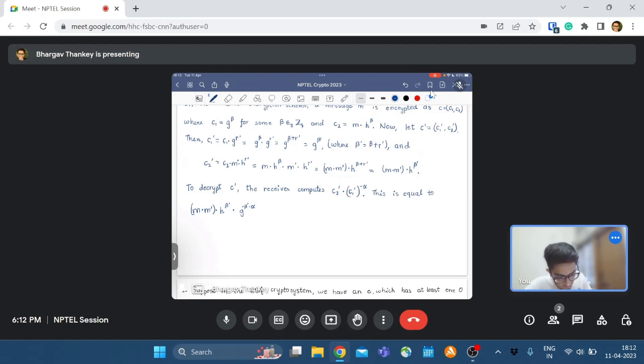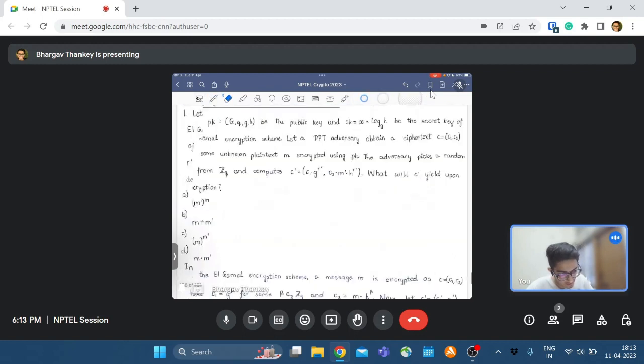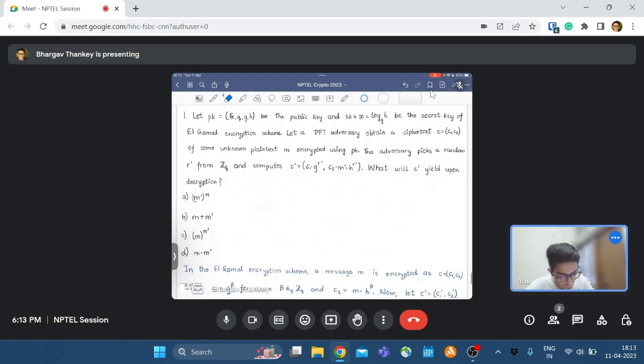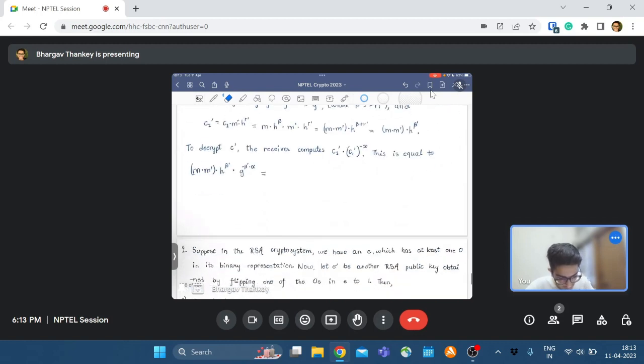Now, recall that over here, our secret key is x, not alpha. So this is to the x.